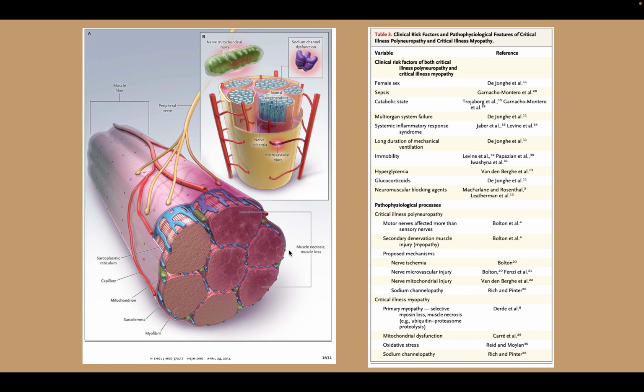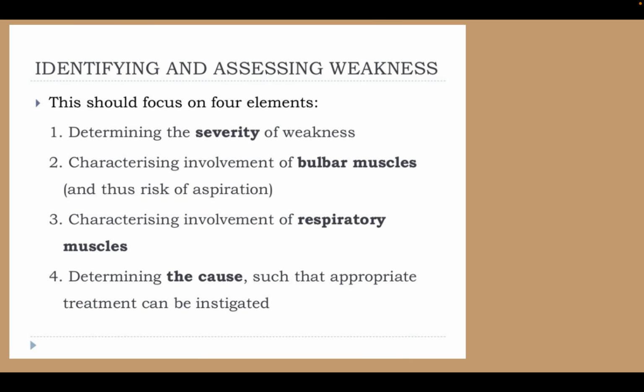So all these things which we just now discussed in the form of sodium channelopathy, the mitochondrial dysfunctions, and so on and so forth. So identification and assessment of the weakness forms the mainstay of first the recognition. There should be focus on the four elements. We need to determine the severity of weakness.